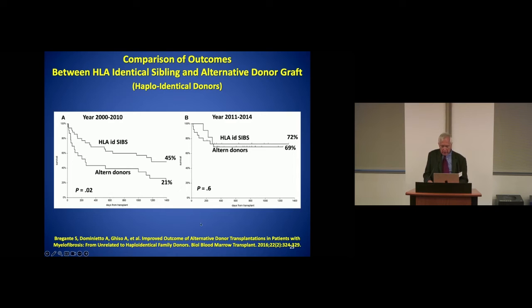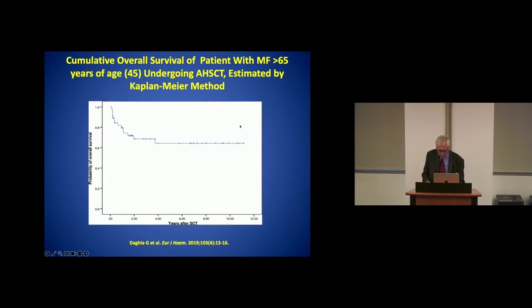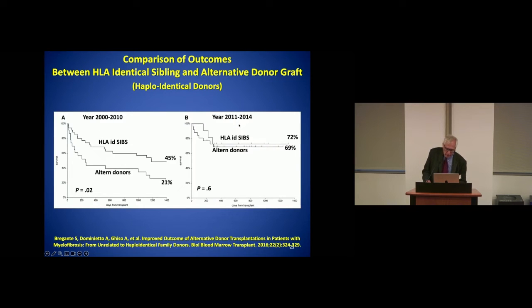And this is a diagram that's essentially been taken from a paper from Bacigalupo's group in Genoa a number of years ago. And here what it shows is the outcomes of transplanting myelofibrosis patients in the years 2000 to 2010. And here you can see 2011 to 2014.